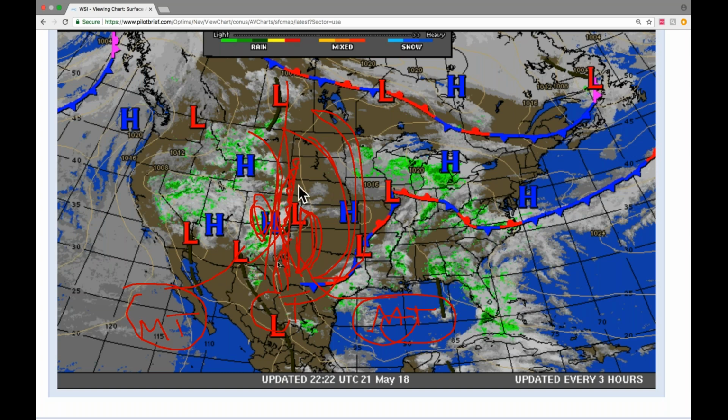Because all of a sudden you have a cold front trying to overtake a warm front here, and basically it dries out the air on this side of the line. So dry lines, we see them over Texas all the time in the summer. But yeah, that's pretty much your surface chart there.